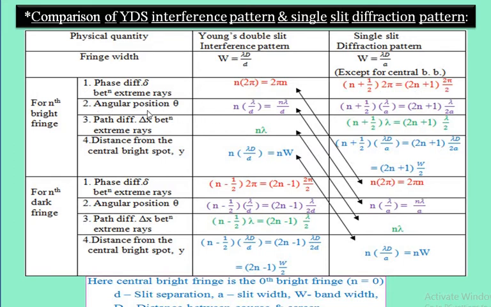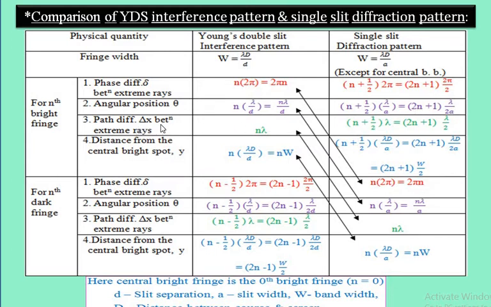The angular position theta. In case of interference pattern, the formula written is n into lambda divided by small d, which is equal to n lambda divided by small d. And in case of a diffraction pattern, the formula written here is n plus 1 half into lambda divided by small a, which is equal to 2n plus 1 into lambda upon 2a.